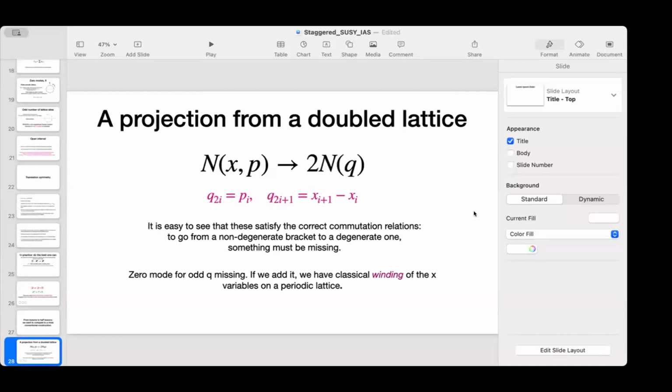And then the other thing that I was wondering, is it something that you've looked at, because from this construction, I think it's possible to fermionize these staggered bosons.